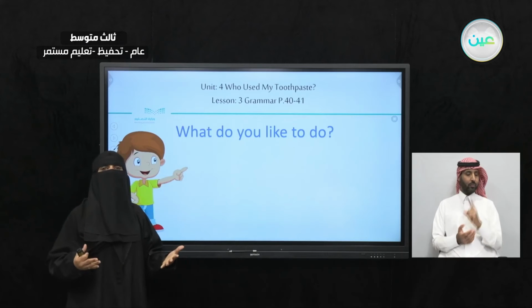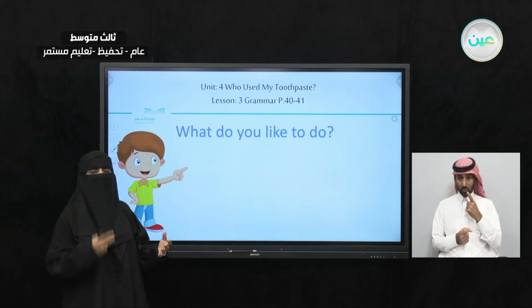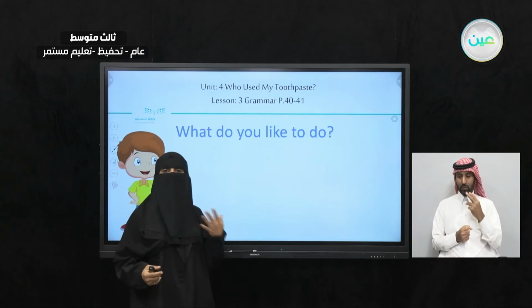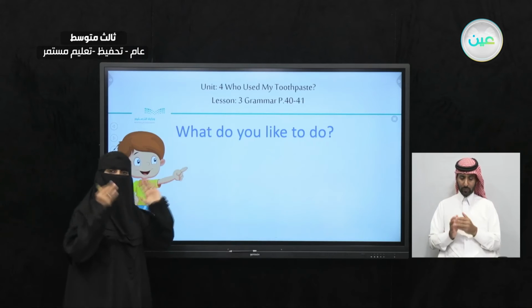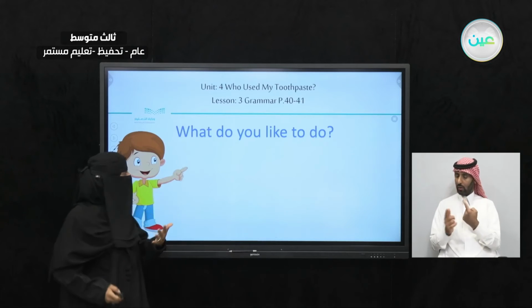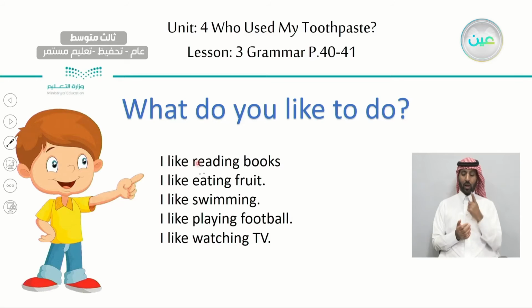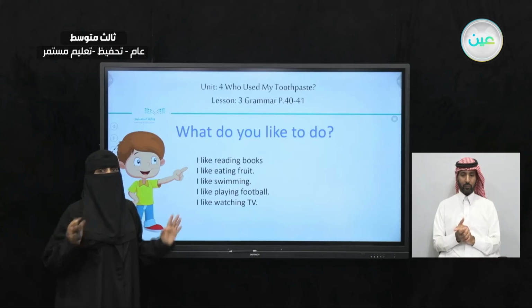Excellent. What else do you like to do? I like watching TV. I like cleaning my room. Okay, so I heard a lot of sentences. Let's see. I like reading books. I like eating fruit. I like swimming. I like playing football. These are some of the examples to answer these questions, the things we like to do.